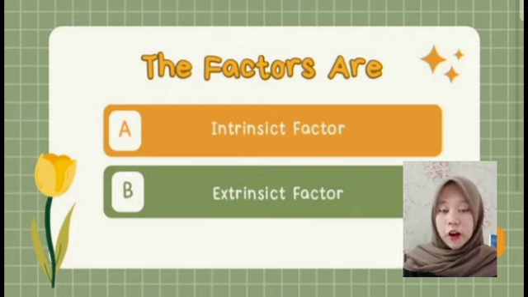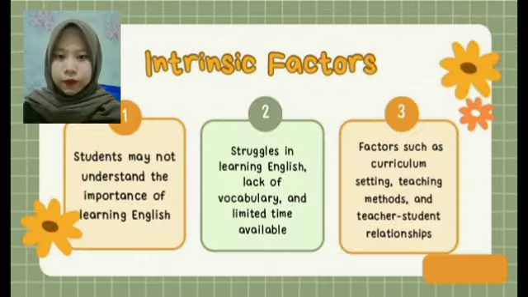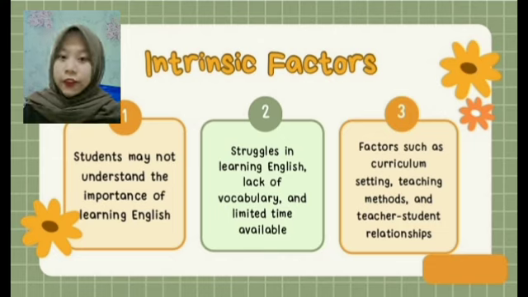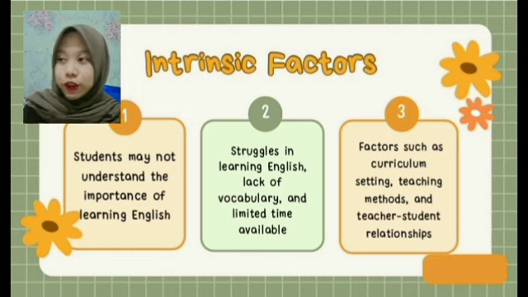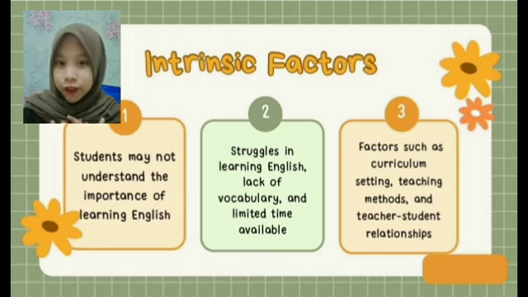So basically, there are two factors contributing to student motivation to learn English. The first is intrinsic motivation, and the second is extrinsic motivation. Intrinsic motivation is the act of doing something without pressure to do it. Intrinsic motivation comes from our intention.